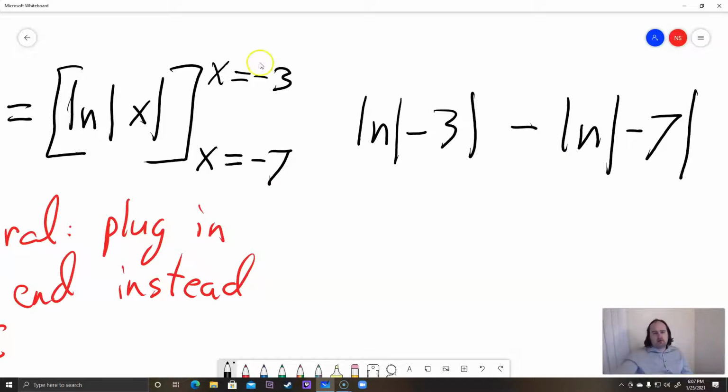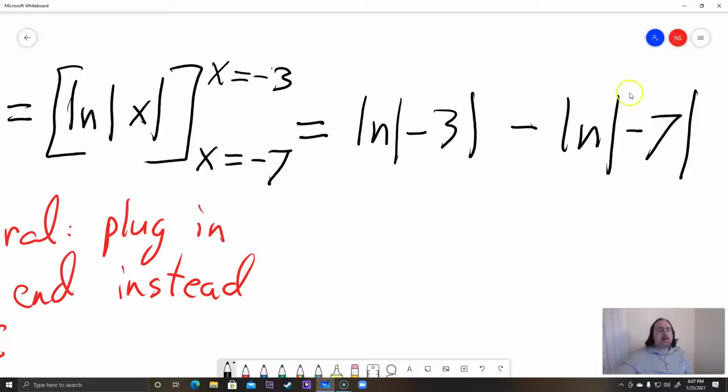So first you plug in the top number into the function, and then you subtract the function evaluated at the bottom number. And that's that definite integral business. That's the fundamental theorem of calculus part 2. Is the fancy name for it, but all we really have to do is plug in the numbers.